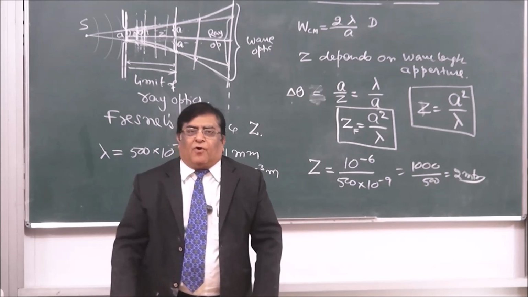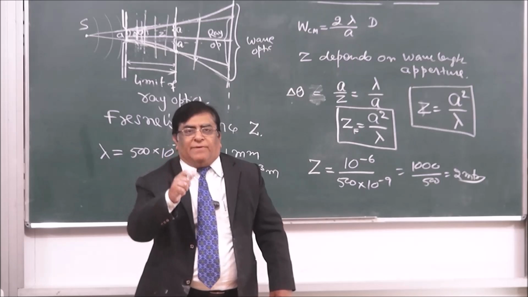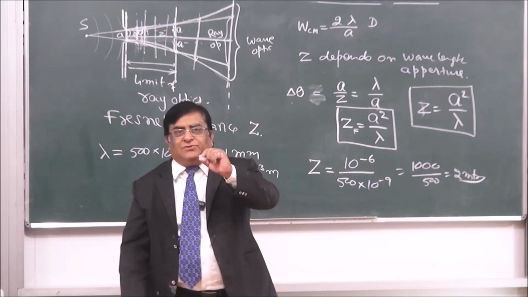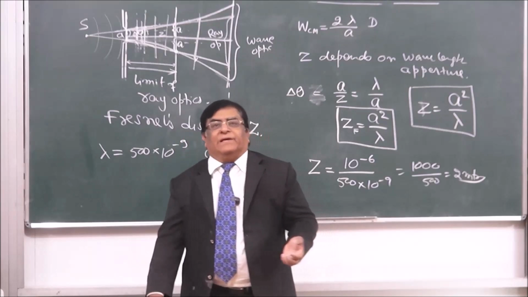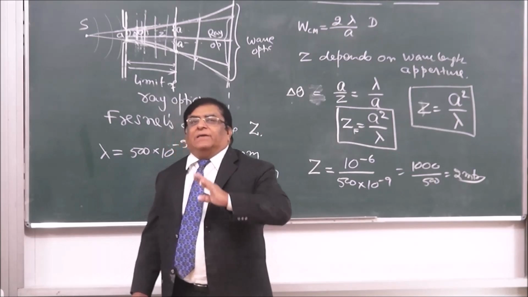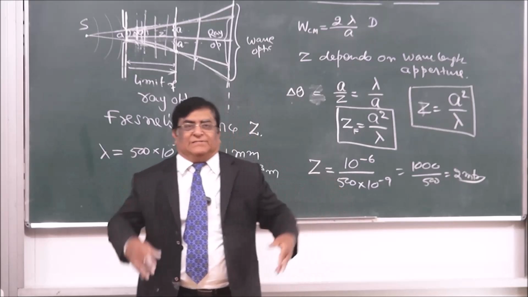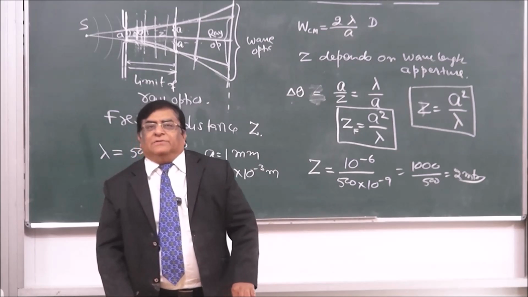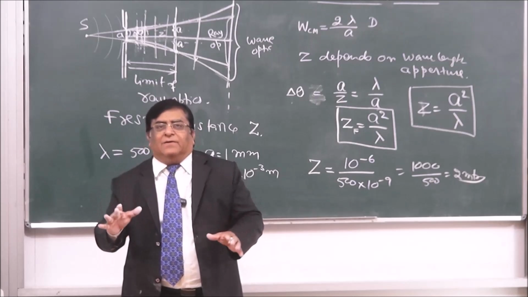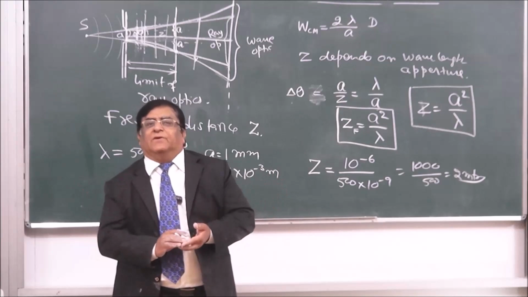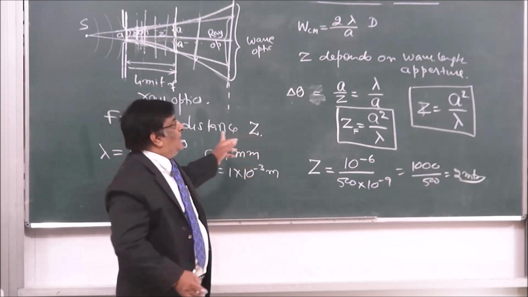I don't make wave optics for making small images. I don't consider central maxima for making small images because I keep on working within Fresnel distance. So this is how, when we find Fresnel distance, we can, within that, work with simple geometry of ray optics. So this is Fresnel distance.